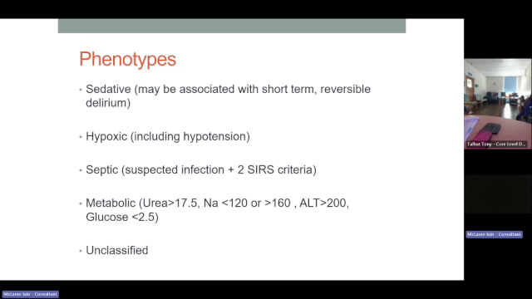Metabolic, again, major disturbances, and we know that it goes with patients with very high urea or significant other electrolyte disturbances, particularly around sodium in the extremes of hypo and hypernatremia, and also in patients with significant liver dysfunction, so with raised ALTs, or patients who have been hypoglycemic. And then there's a very large unclassified group which muddles everything else that our patients have together.